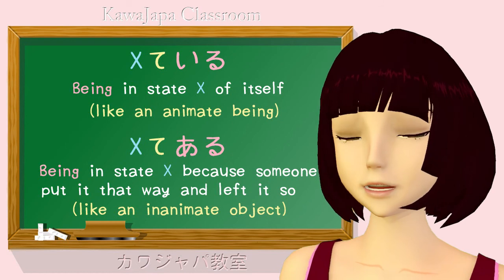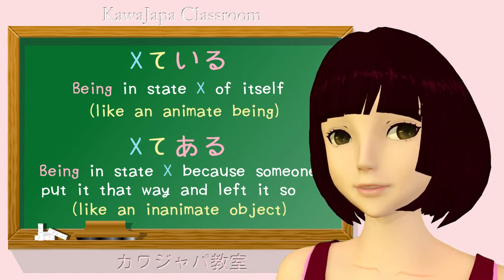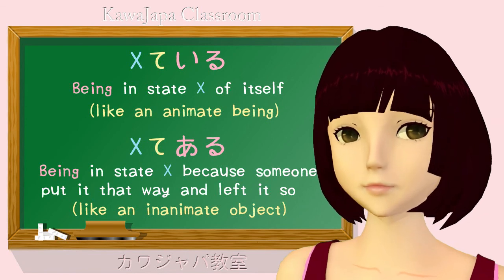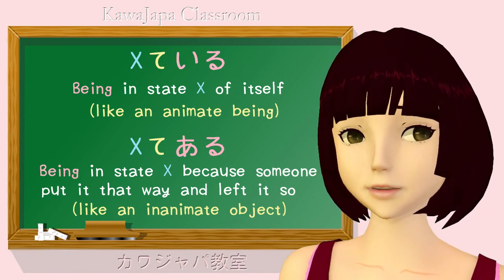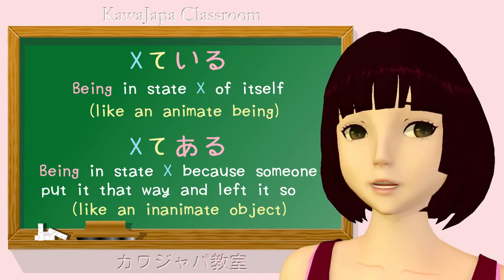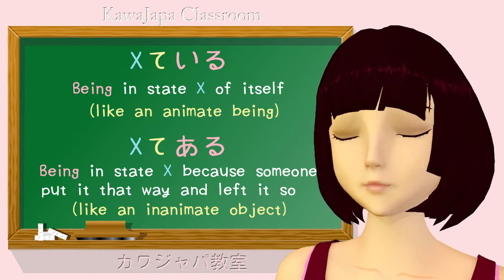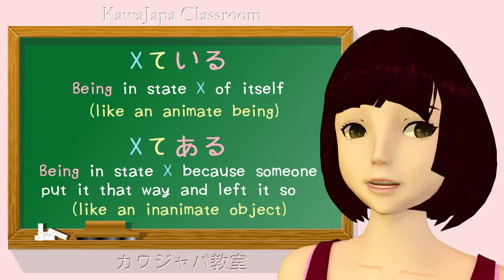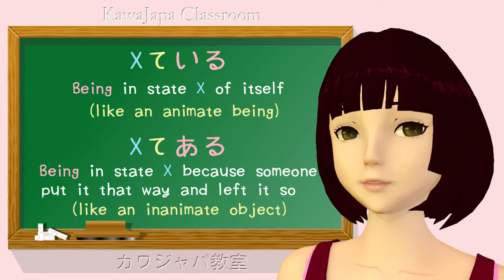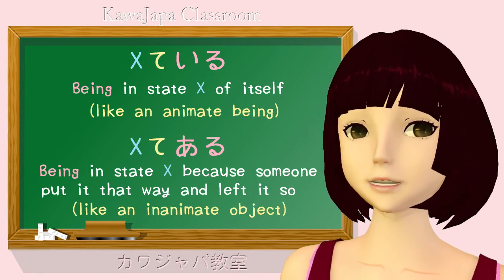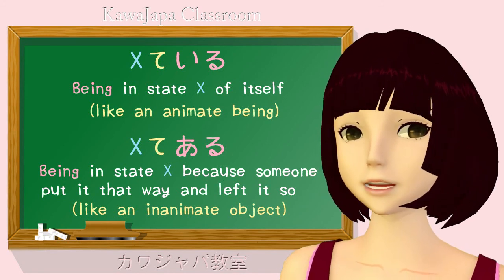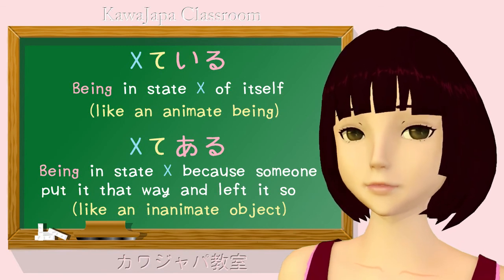The will involved here is not the will of the window, it's the will of some other agent. Therefore, we are very clearly and expressly treating the window as an inanimate object, and therefore we give it aru. And that is the logic behind this distinction. In one case, we are treating the window grammatically as if it were an animate being. In the other, we are treating it grammatically as if it is an inanimate object.